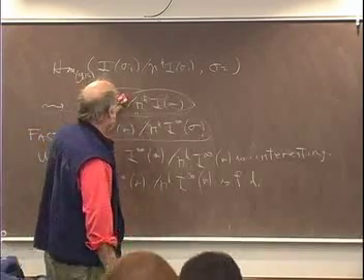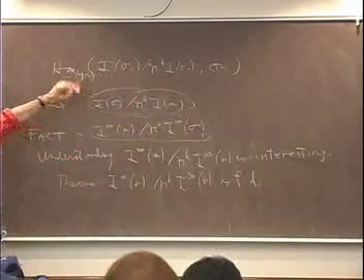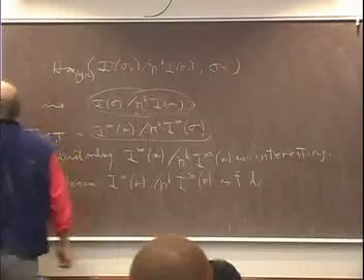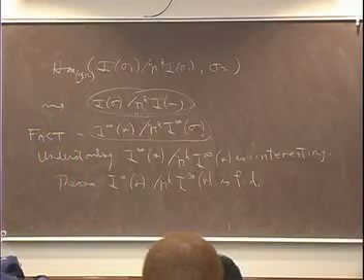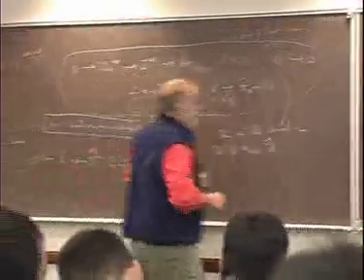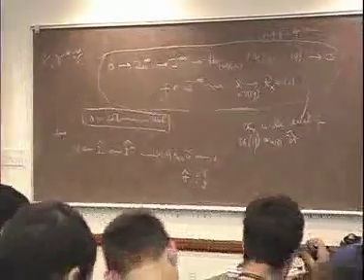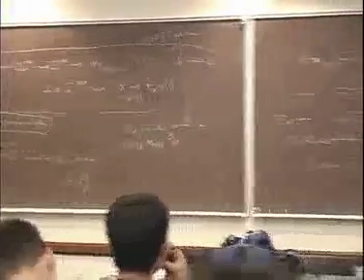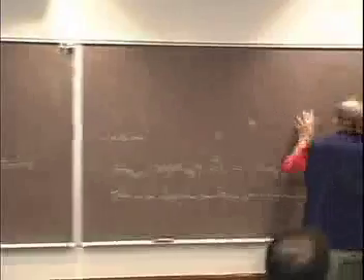Okay, so for technical reasons we're looking at this, and now we're in nice shape because I can look at this. The fact that it's finite dimensional is very simple.